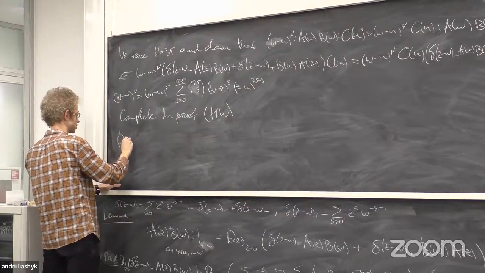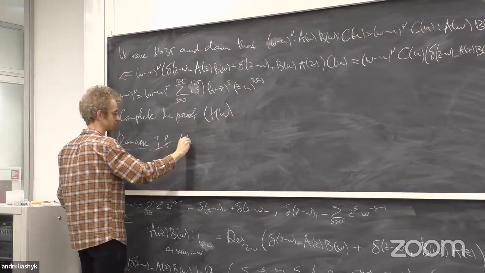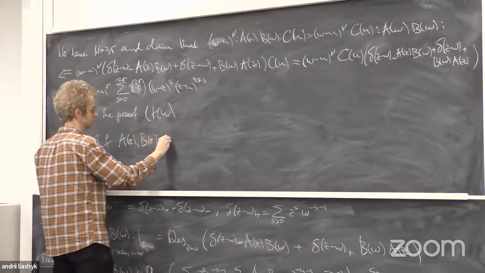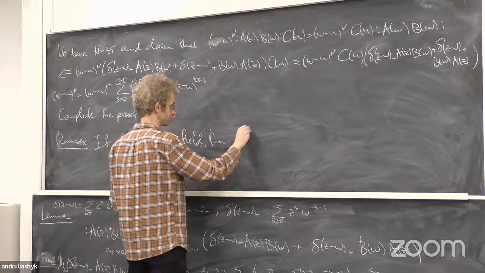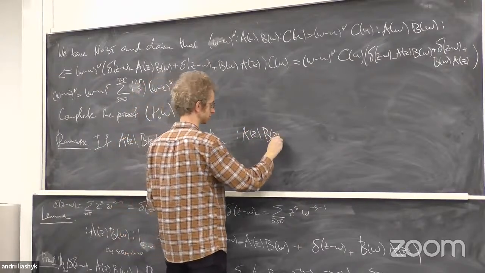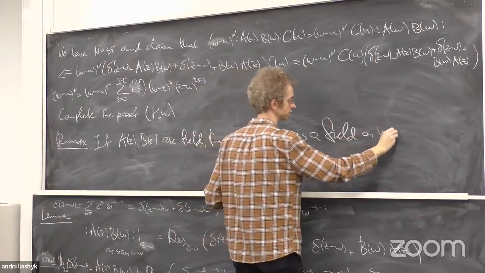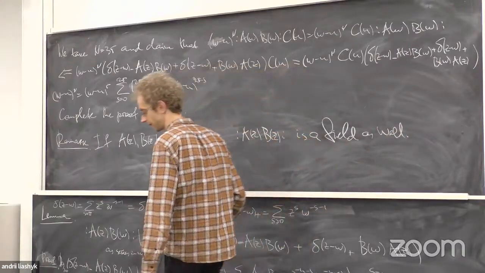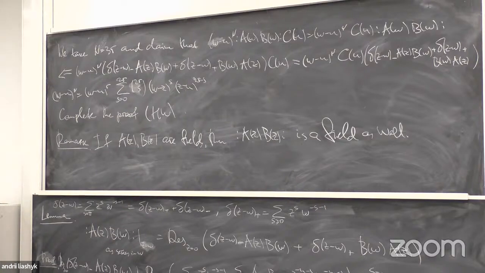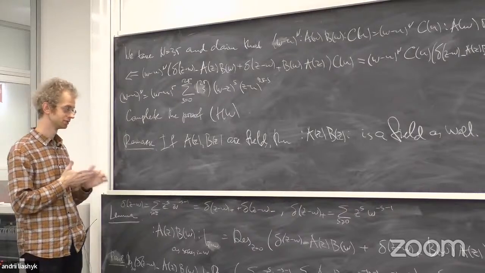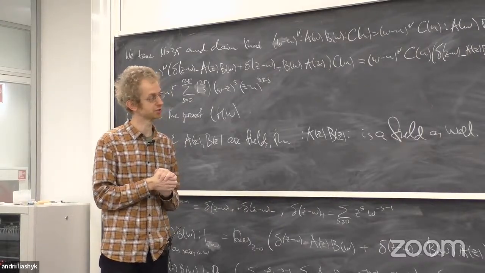And a remark, which actually Andrei said: if A of z, B of z are fields, then the normal ordered product is a field as well. And actually, this is also an easy exercise, but you better realize it.